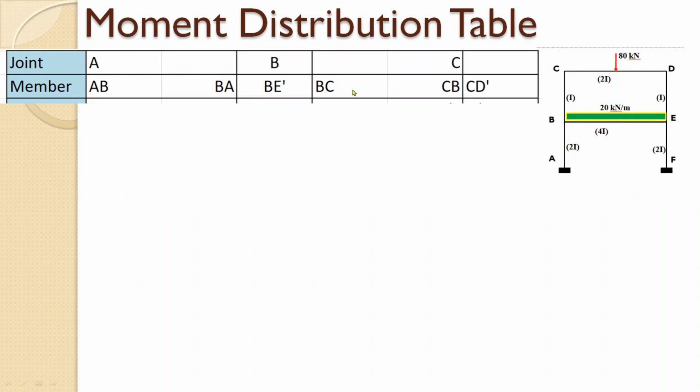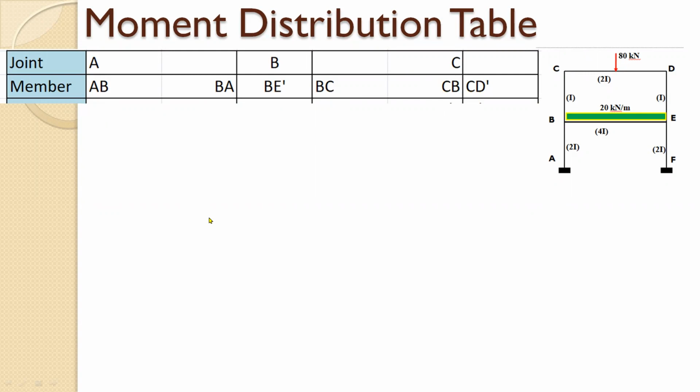At B, there are 3 members, but while writing the members, write properly. That means towards A, write BA, towards C, write BC, and the remaining member you have to write here, middle, BE dash. Then at C, towards B, you have to write CB and then CD dash.